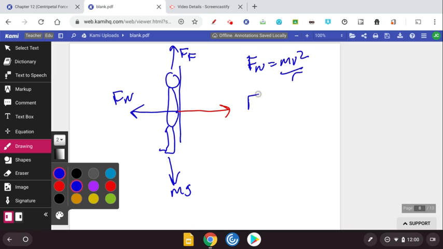So when we set up our friction equation, which is usually the normal force times mu, this now becomes the frictional force is equal to mv squared over r times mu.